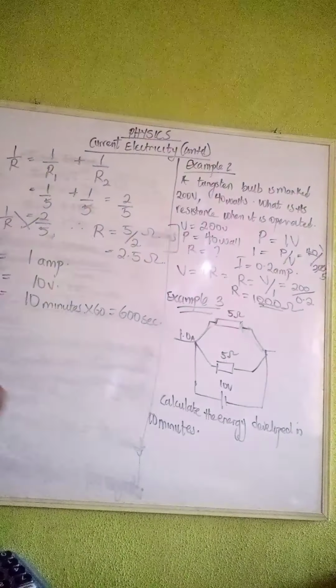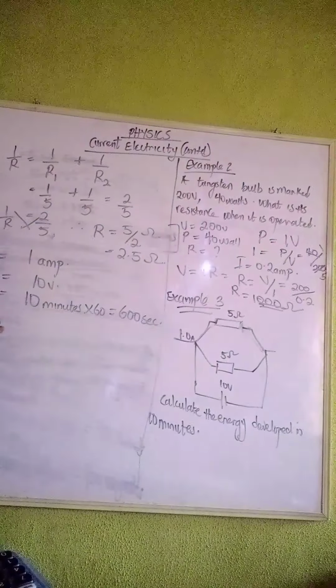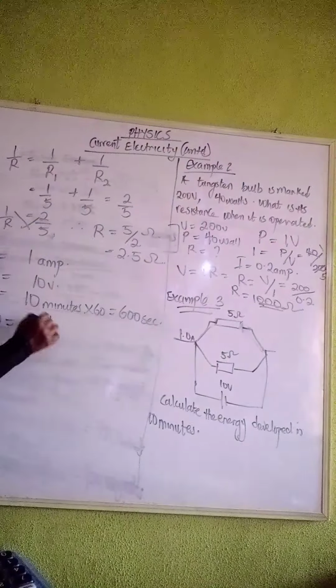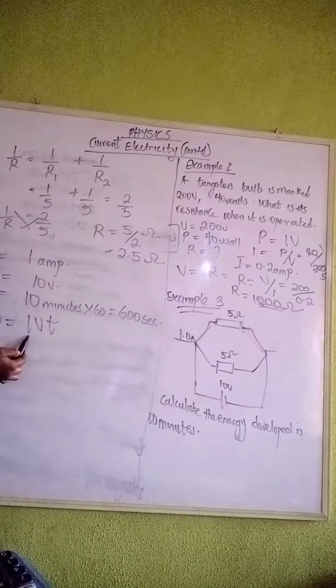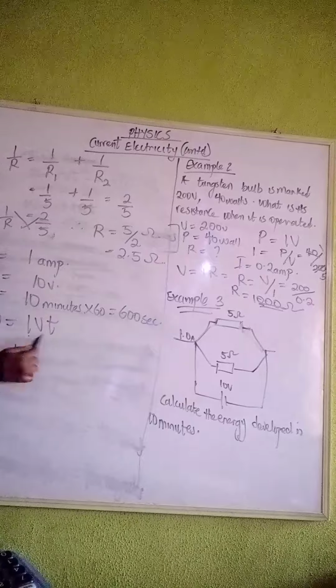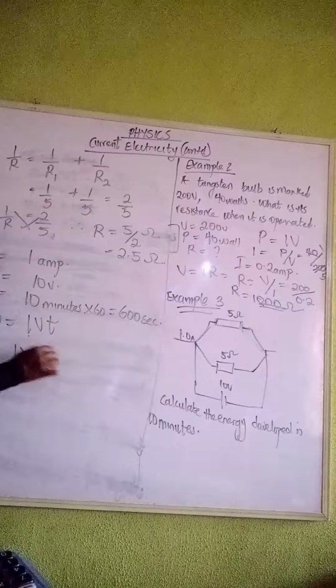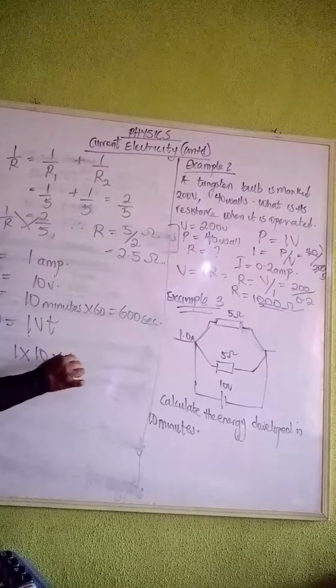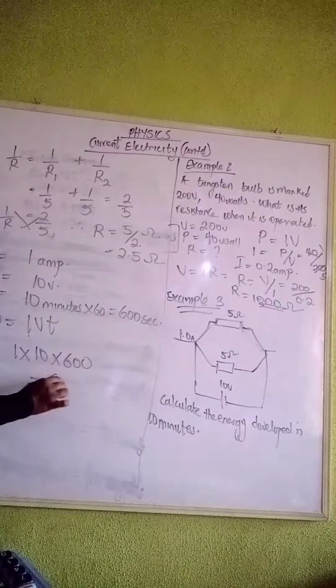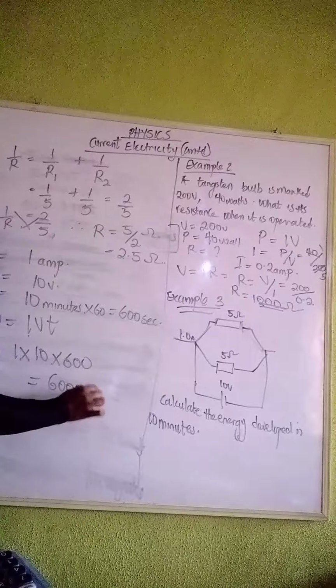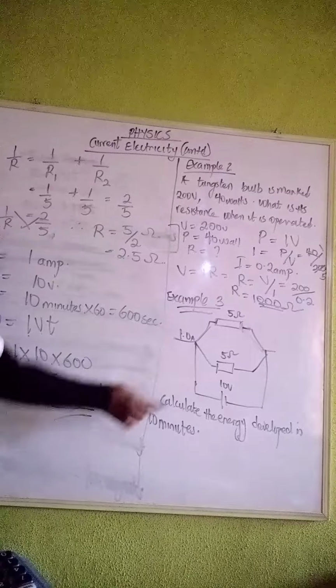Now let's use the simpler one, which is IVT. Work done equals IVT. What is our current? 1. What is our volt? 10. And what is our time? 600. So we have a total of 6,000 joules as our energy.